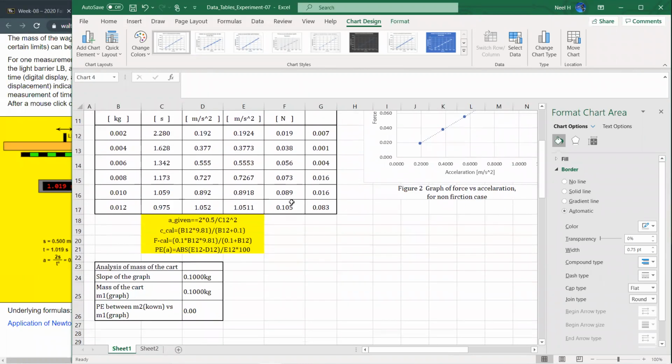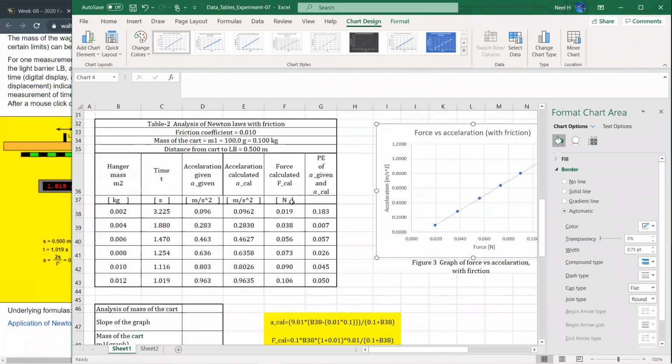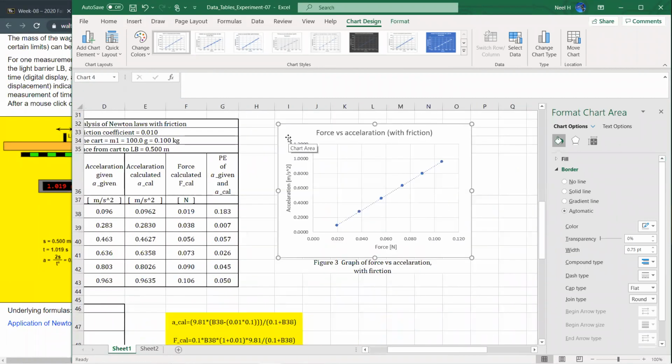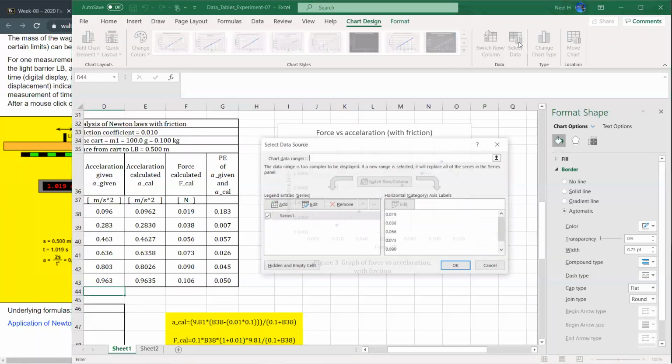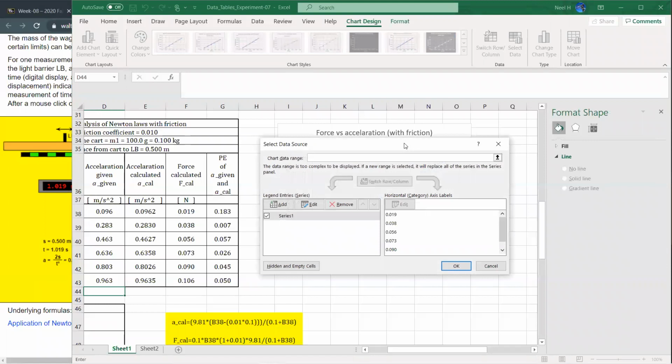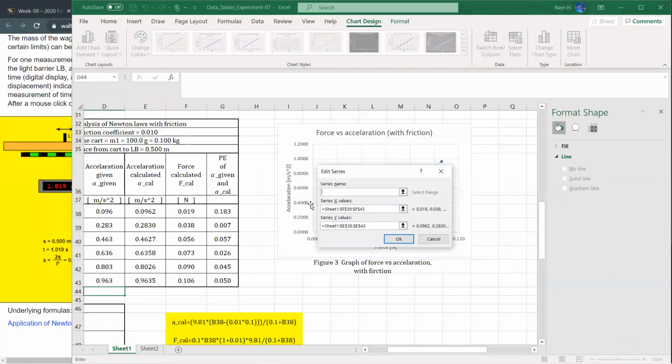Then click on select data. We need the force versus acceleration, right? Series 1, click on edit.